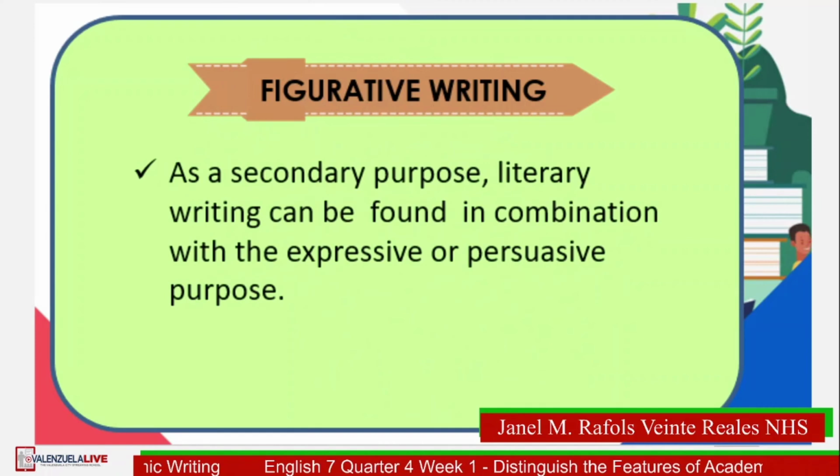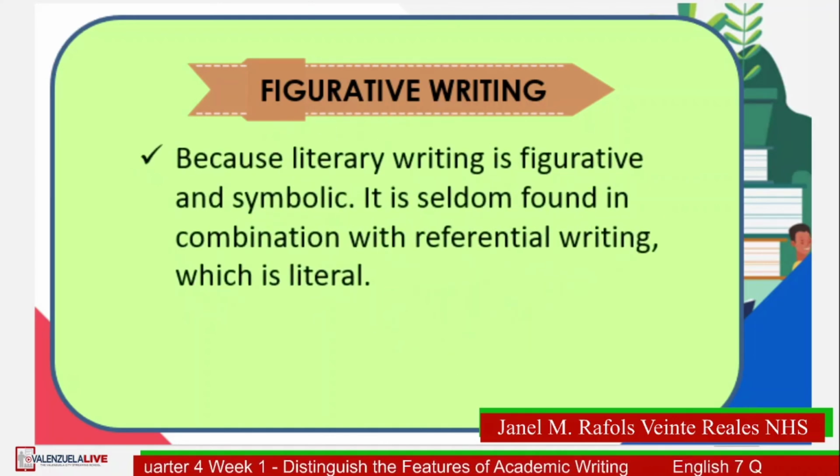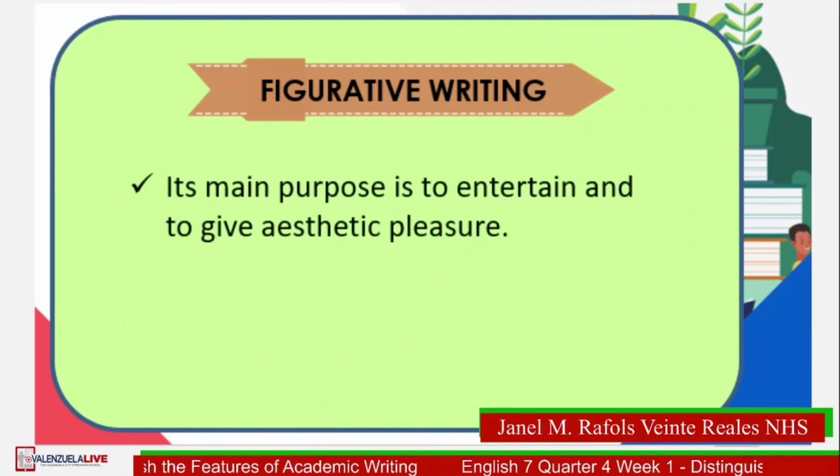As a secondary purpose, literary writing can be found in combination with the expressive or persuasive purpose. Because literary writing is figurative and symbolic, it is seldom found in combination with referential writing, and its main purpose is to entertain and to give aesthetic pleasure.